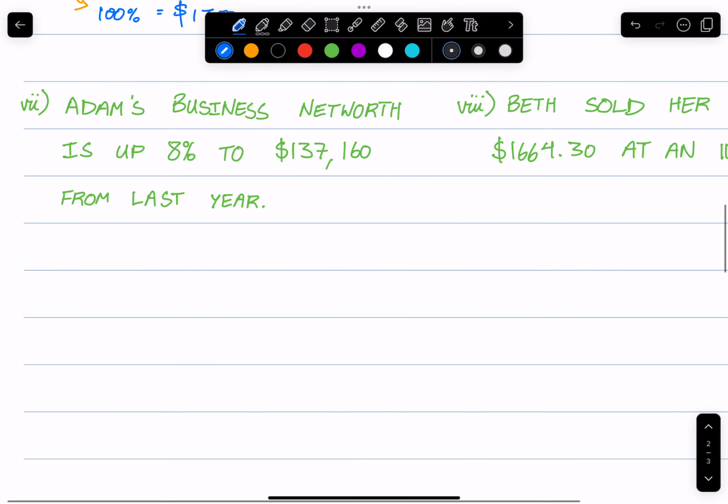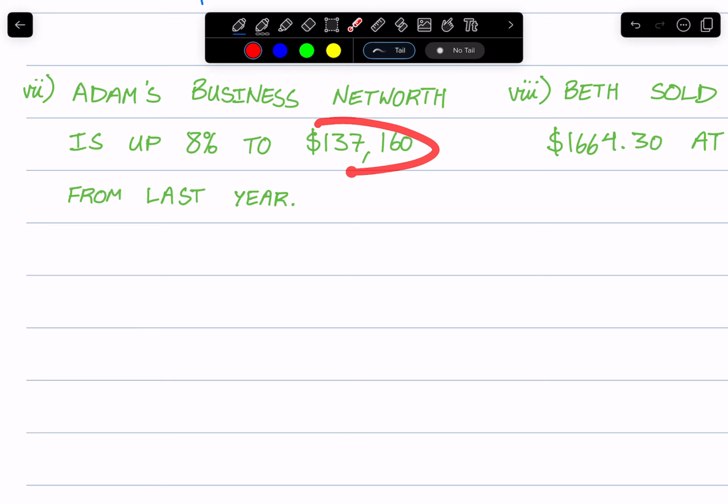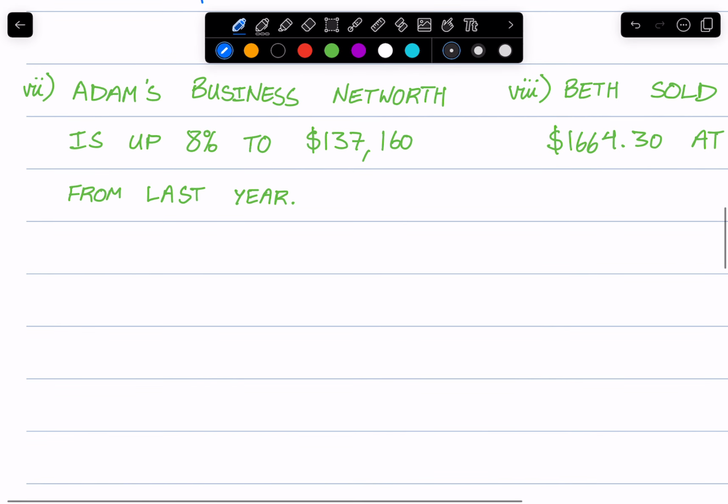So once again, it says Adam's business net worth is up 8% to $137,160 from last year. So once again, this means that this amount already has that 8% increase. So this indicates that this is 108%. It's the original amount with the 8%.